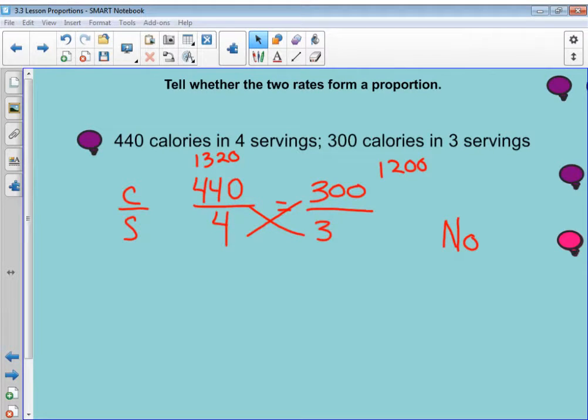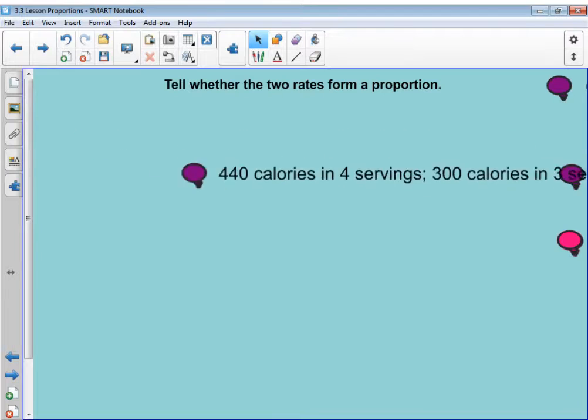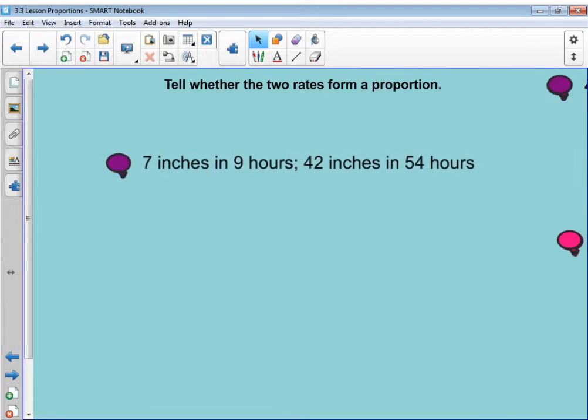Okay, so I'm going to put one out here for you guys to try. Okay, 7 inches in 9 hours. And 42 inches in 54 hours. So I want you to go ahead and work your way through this one.